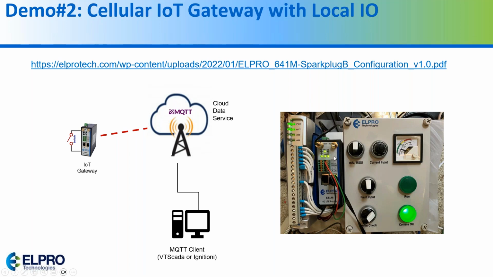It detects the strongest signal, so I'm on T-Mobile's from my home office. And here's my remote broker that is up in the cloud. I'm going to publish this change of state to the broker in the cloud, and then I'm going to run VT SCADA or Ignition as a client to look at that data.